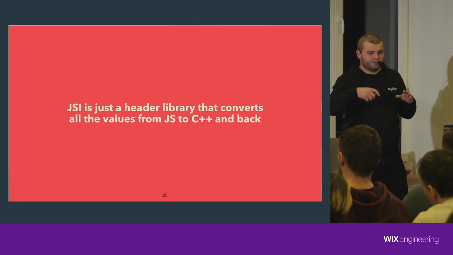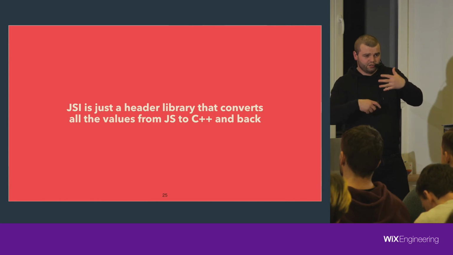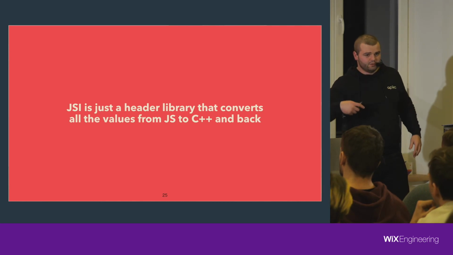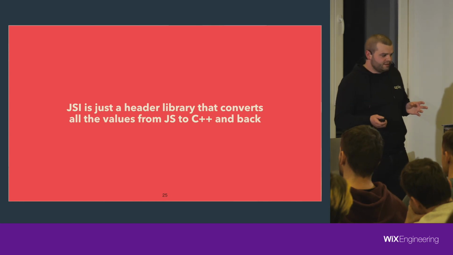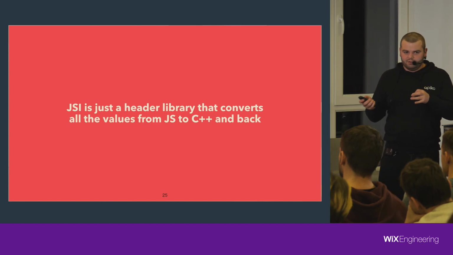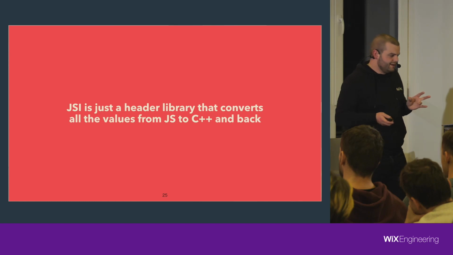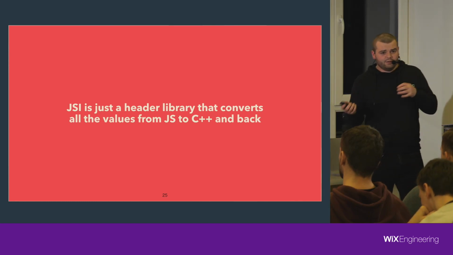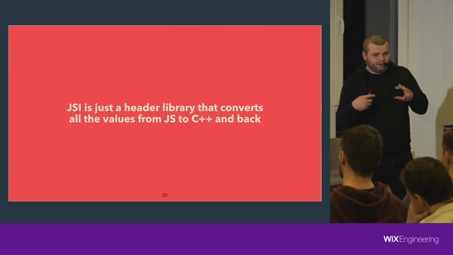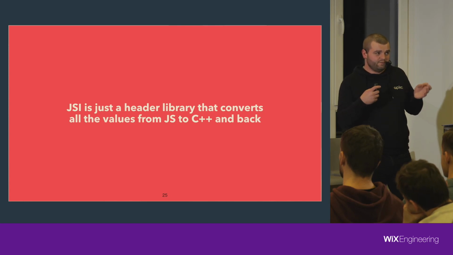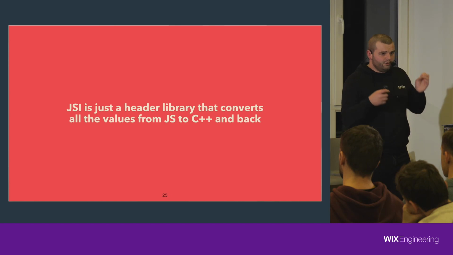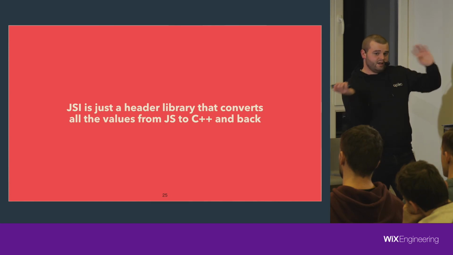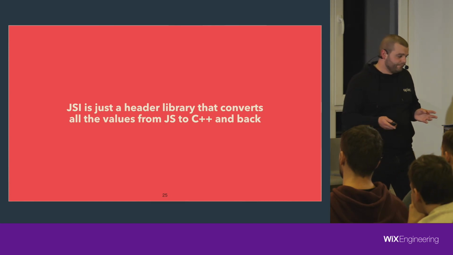It knows which type of object it is, it guesses which values and types, and that's a complicated thing. But still, it converts it to a native structure on the C++ side. Then you can create JavaScript objects, strings, values, anything you want on the C++ side, and then pass them back to the JavaScript runtime.